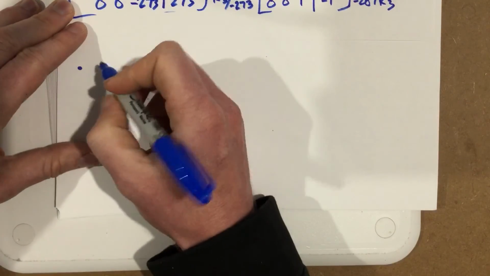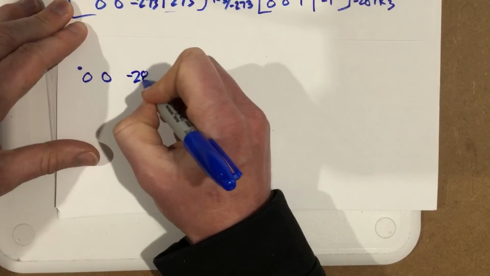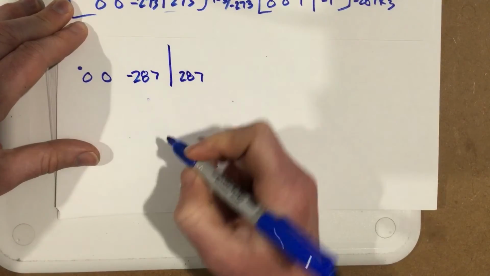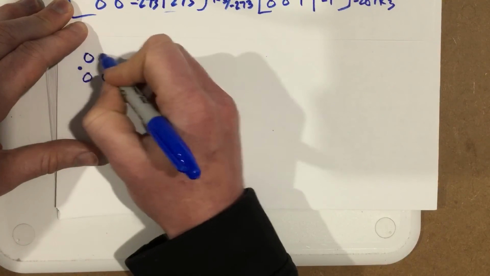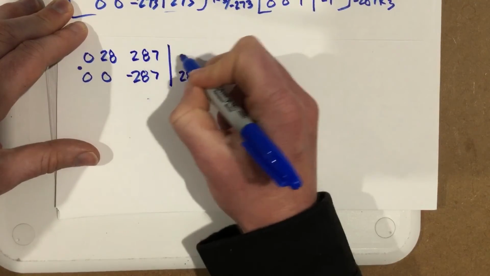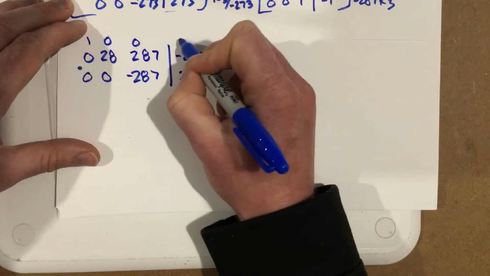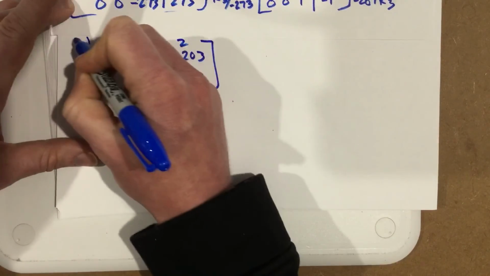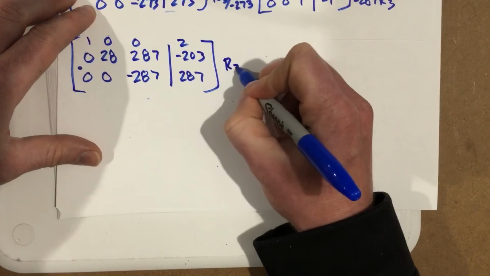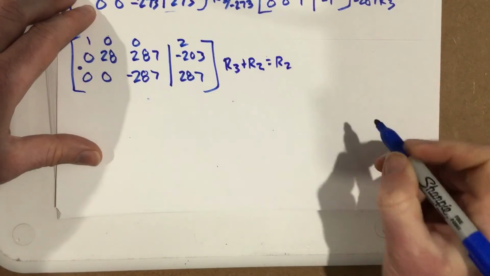That gives you 0, 0, negative 287, positive 287. We have 0, 28, 287, negative 203 for the middle row, and 1, 0, 0, 2 for the top row. Let's take row 3 with row 2, and that's going to equal row 2.